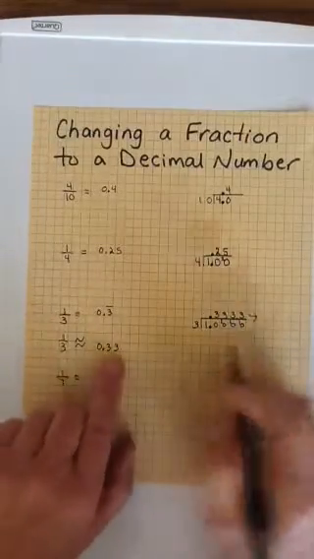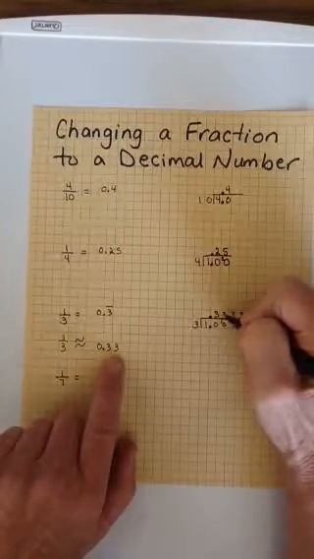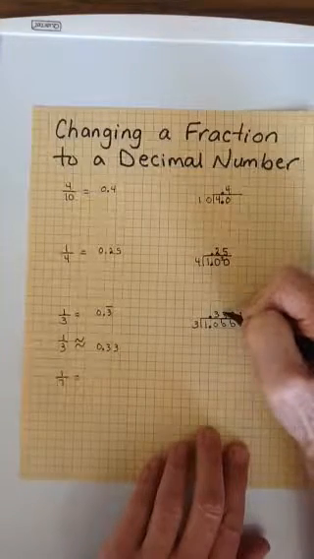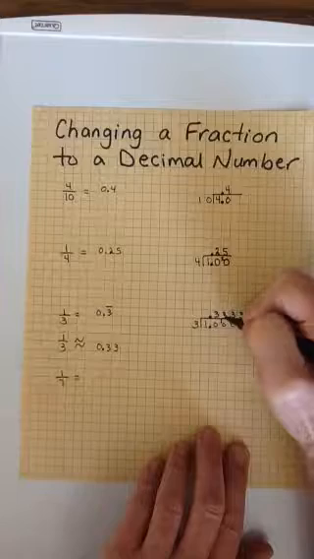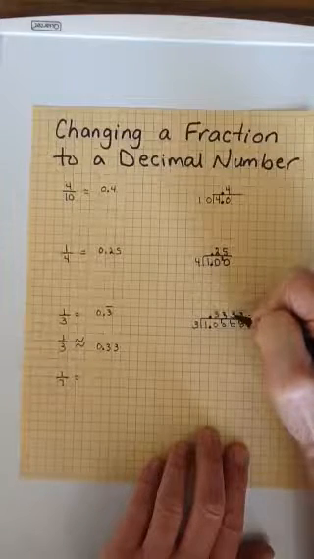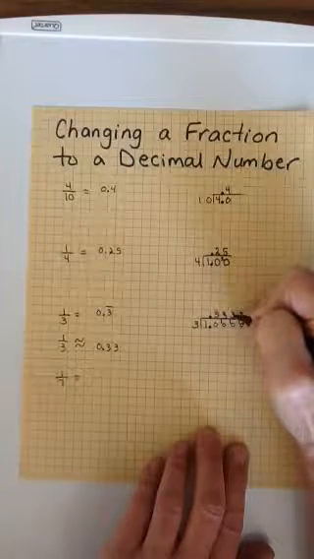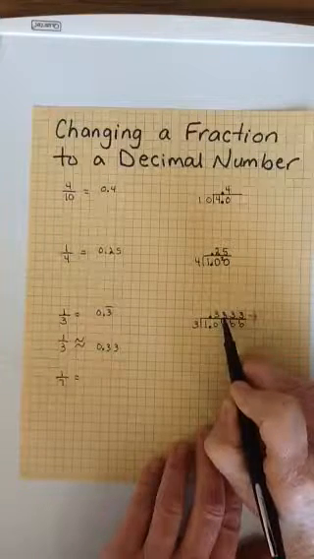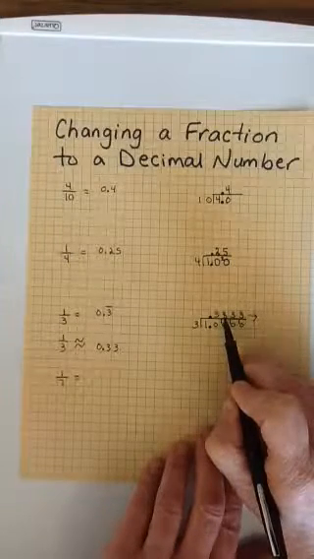So if I round to the hundredths place, since the digit in the next place over is less than 5, I'm not going to round the 3 in the hundredths place up to a 4. I'm just going to leave it as a 3.